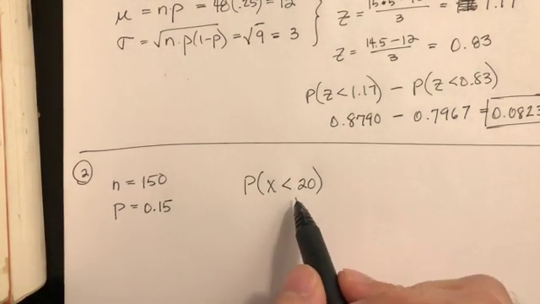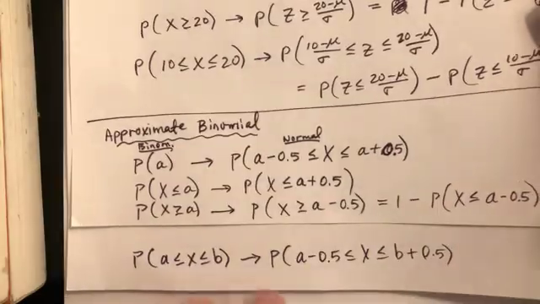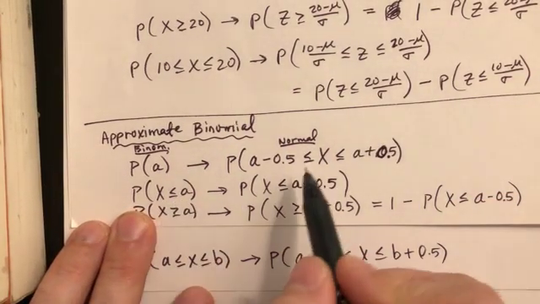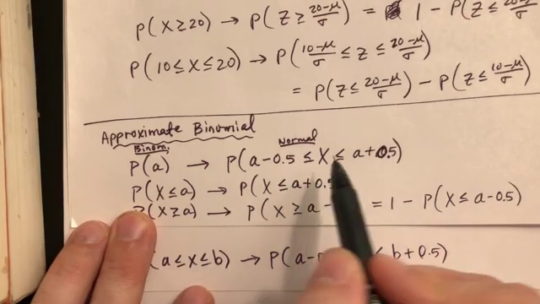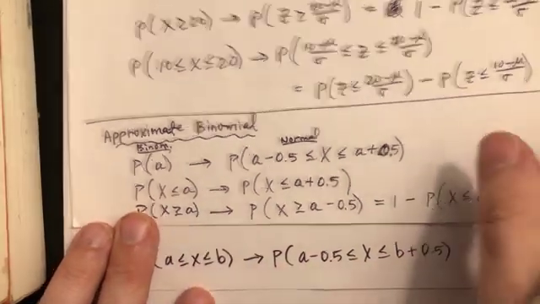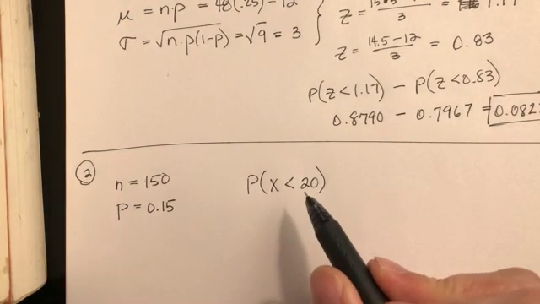So this is not on the formula sheet quite like this, okay? I put up some examples in the formula sheet. If you want to include the number, then you have to go a little bit past it before you go left. So that includes the number that you need to include. But in this case, when it says fewer than, I don't want to include 20.